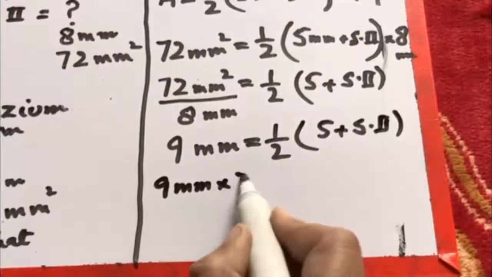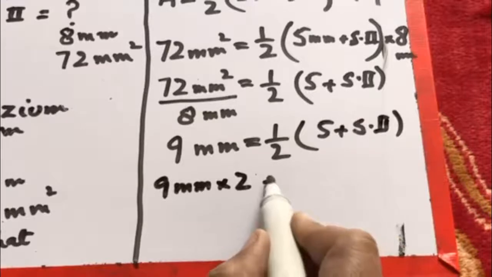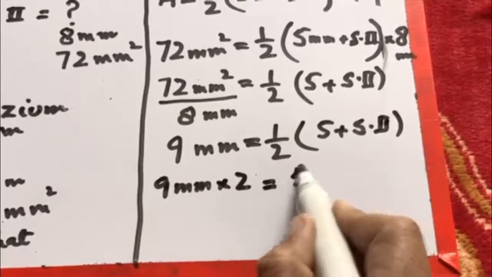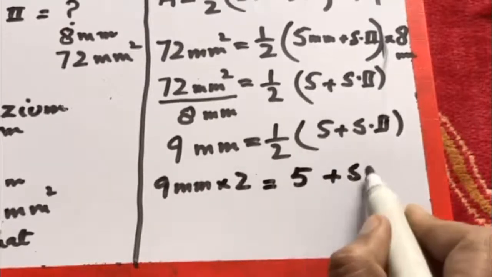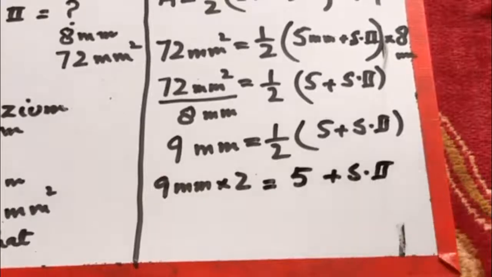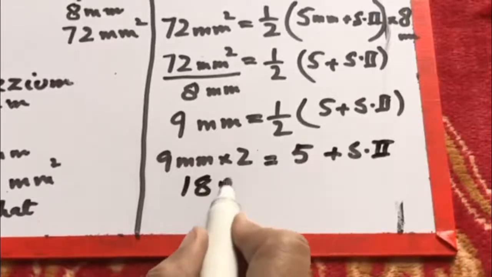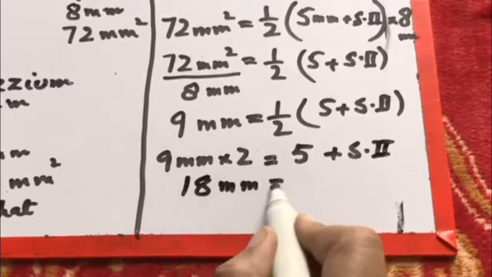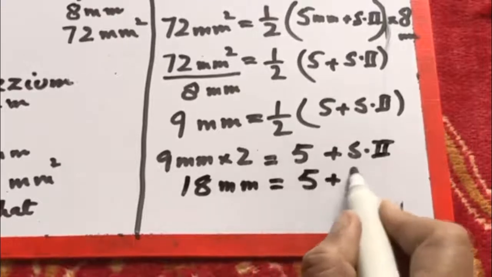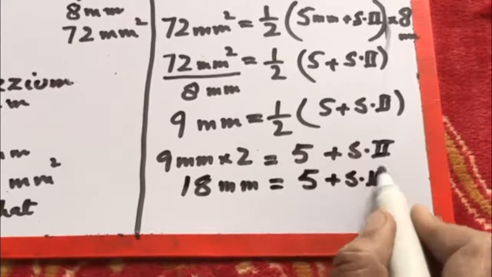So we write here 9 millimeter into 2 is equal to 5 plus side 2. If we multiply, 9 twos are 18 millimeter, equal to 5 plus parallel side 2.